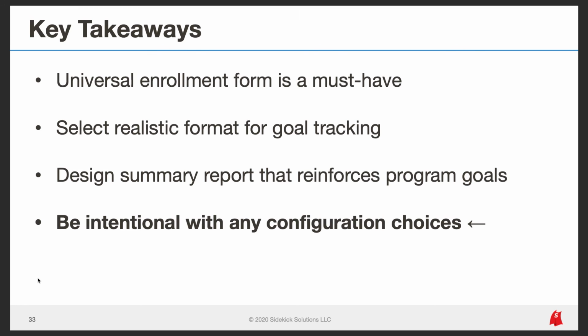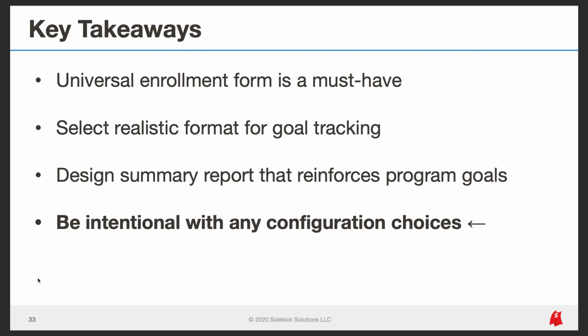Number one, a universal enrollment is a must-have for long-term success and the ability to scale your Apricot with more programs. Number two, select a goal tracking method, but be realistic with what it requires. Keep in mind that as you elevate in each level of goal tracking, there's more data entry and reporting that's required of you to make your Apricot worthwhile.